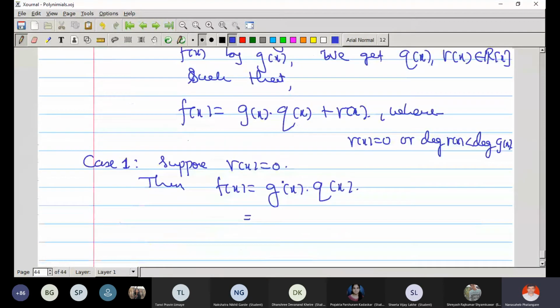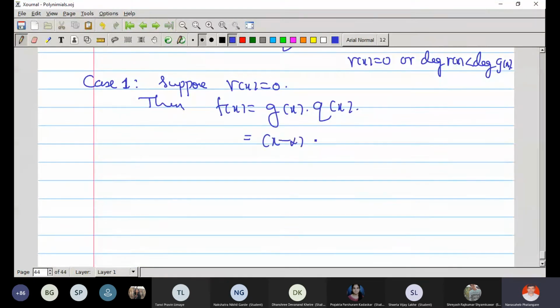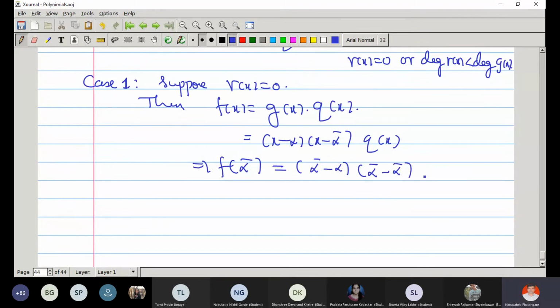And therefore, what is f of alpha conjugate? It is 0. So the conclusion in this case is that f of alpha conjugate is 0, that means alpha conjugate is a root of f(x). This is the first case, if r(x) is 0.